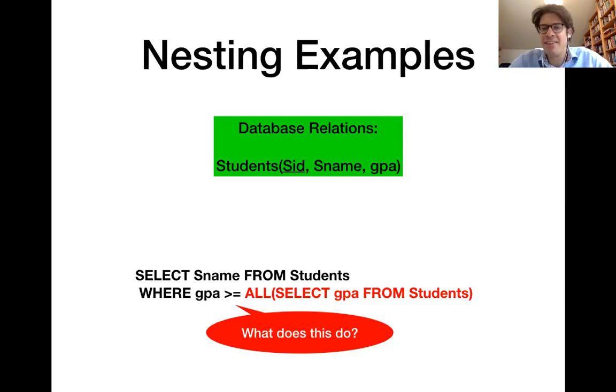Yeah, exactly. So here I have multiple propositions, multiple times the same proposition actually. That is correct. Here we are again checking for those students where the GPA is greater or equal to the GPA of all students. So in the end, that comes down to searching for the students with the maximum GPA.